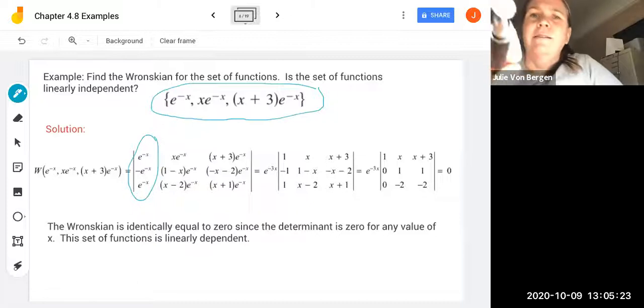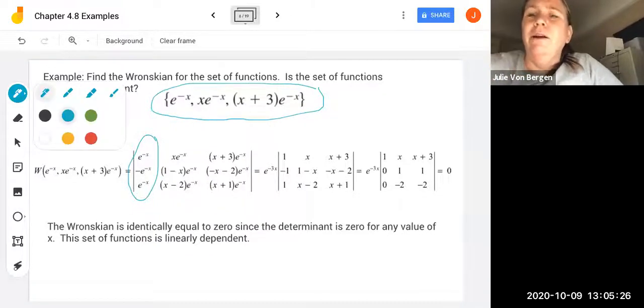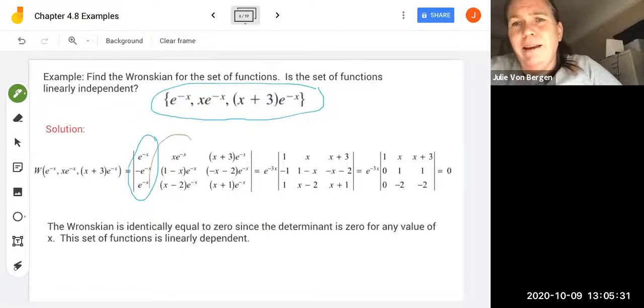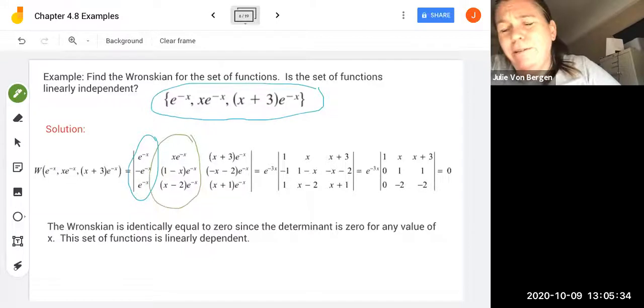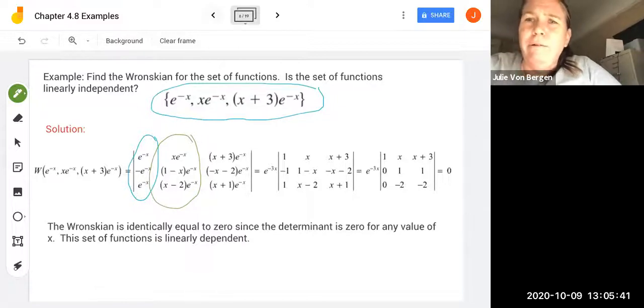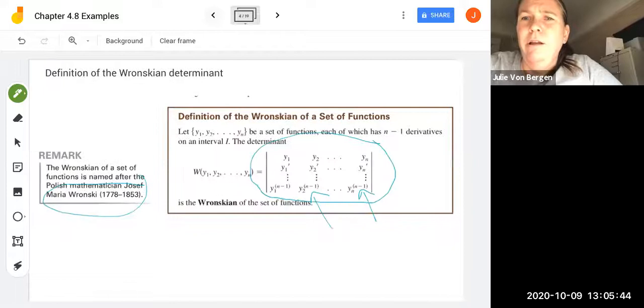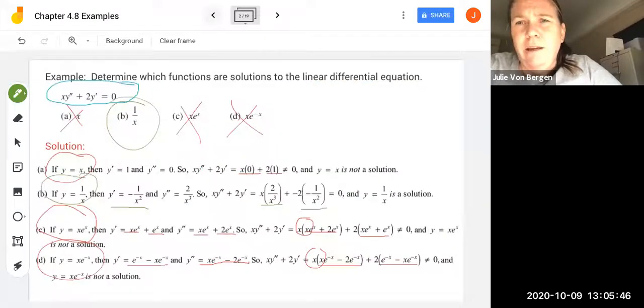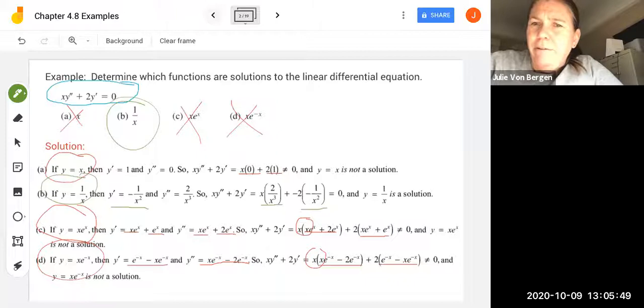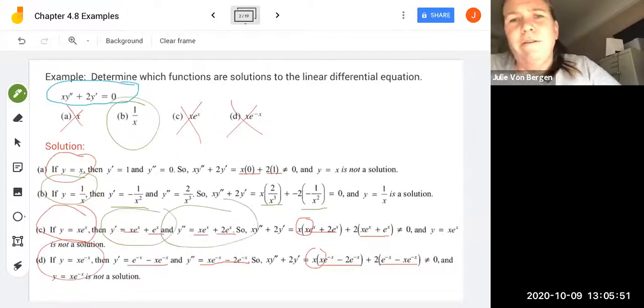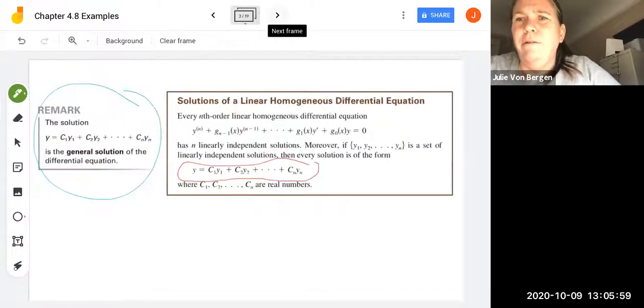Then our second function, which we put in the second column of the Wronskian, is x e to the negative x. We would use the product rule to find the derivative of this function. If you go back to where we were doing the product rule in our example, part C, you can see we wrote out some of the derivatives of x e to the x.